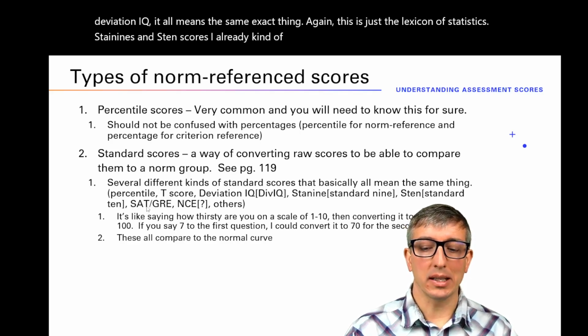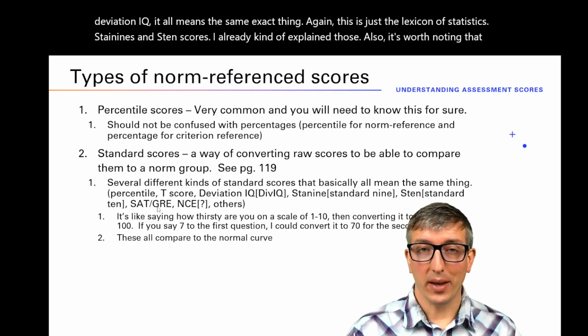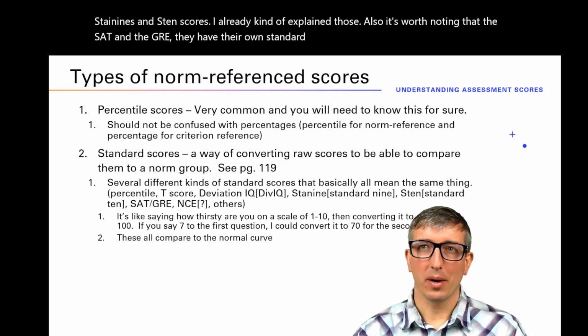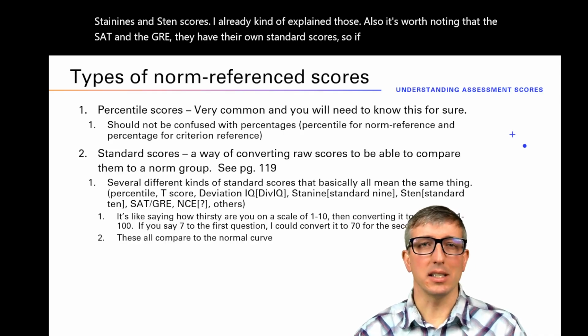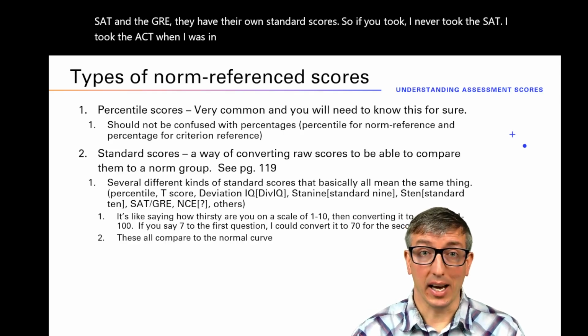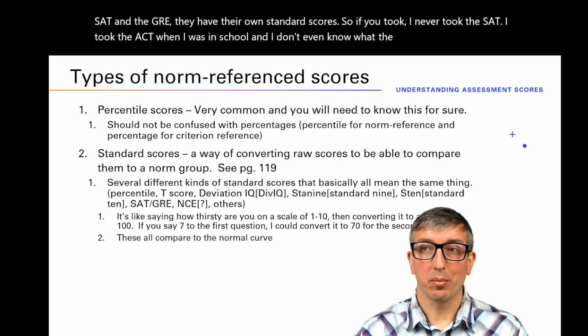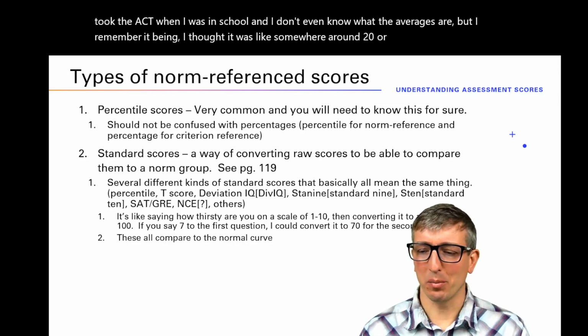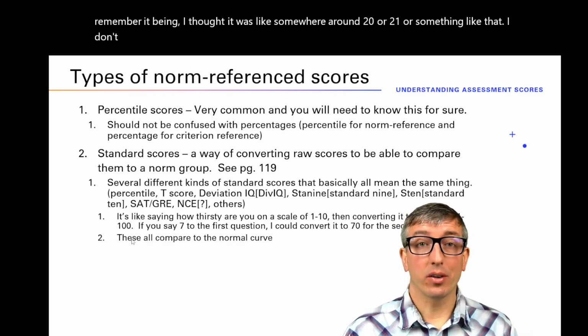Also, it's worth noting that the SAT and the GRE have their own standard scores. I never took the SAT, I took the ACT when I was in school, and I don't even know what the averages are, but I thought it was somewhere around 20 or 21 or something like that. I don't even remember, but they have their own scale.